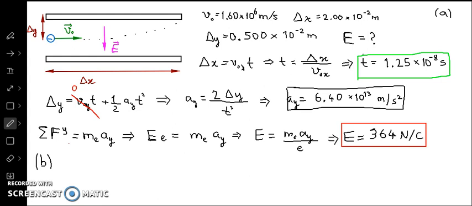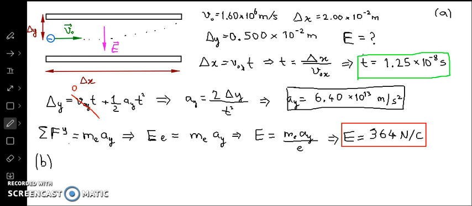Now, the same electric force is acting on my proton, but the proton has a much greater mass, so it will have a smaller acceleration. Meaning in the same time interval, in vertical, it will travel a smaller distance compared to the electron. So by the time it exits the region in between the plates, it won't be able to reach the bottom plate because it has traveled less than half a centimeter, which is the distance that the electron was able to travel.